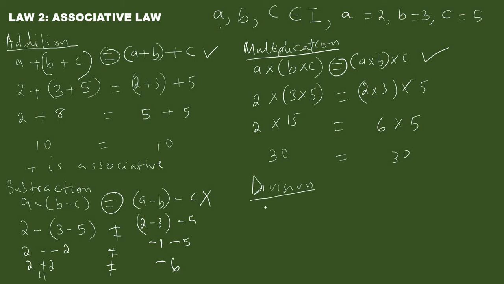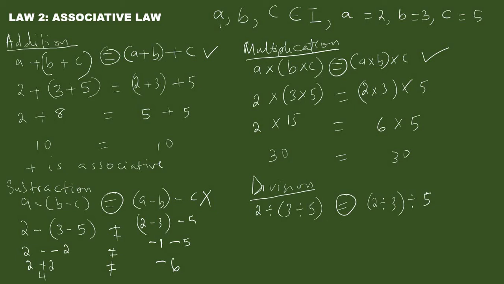So I'm looking at whether 2 divided by 3 divided by 5 is equal to 2 divided by 3 divided by 5 with the other grouping. Now definitely this alone is telling us it cannot be.